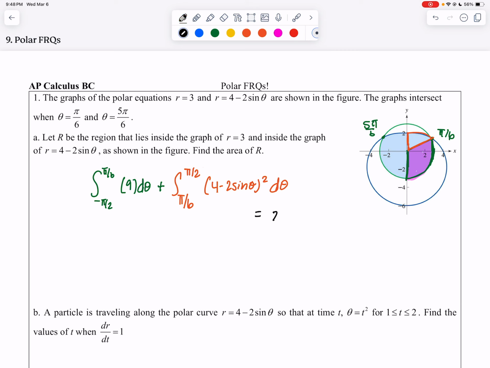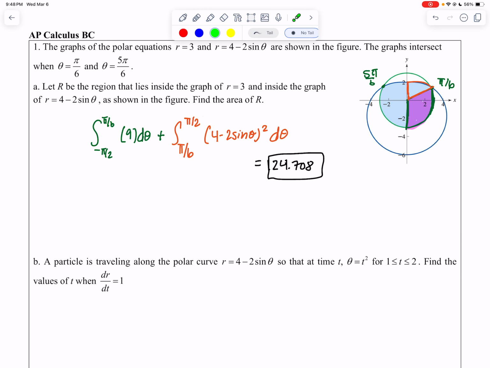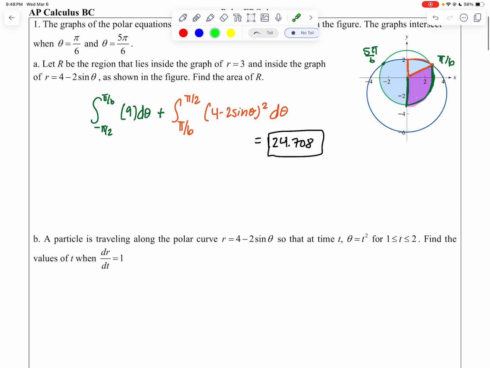That's going to give us 24.708. This one right here, I think you could also do algebraically. You could just multiply this out and then simplify a little bit and see what you get there. But for part A, for the sake of time, I'm not going to do that. Just plug and chug into the calculator and then get 24.708.